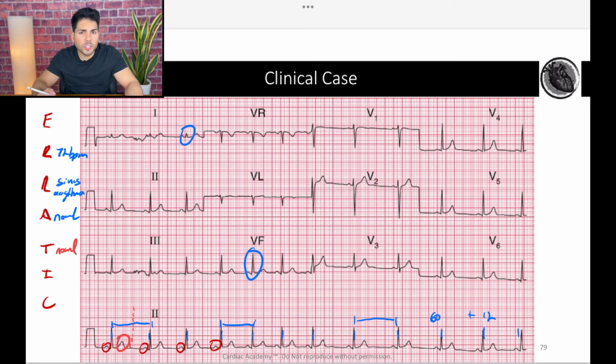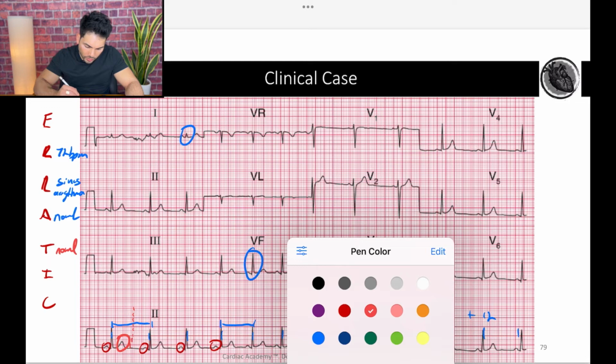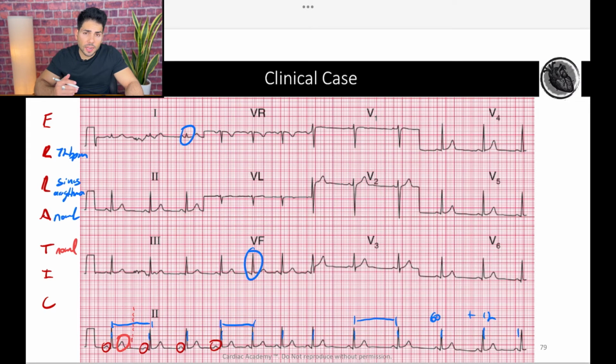I is for ischemic changes, and ischemic changes mean Q waves, inverted T waves, ST depressions, ST elevations, and we do that by looking at the following anatomical regions, okay? So first, I like to look at the left lateral leads, so lead 1, AVL, V5, and V6, and we look for those changes: Q wave, ST depression, ST elevation, T wave inversions.